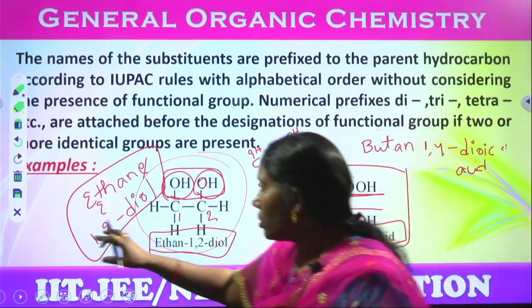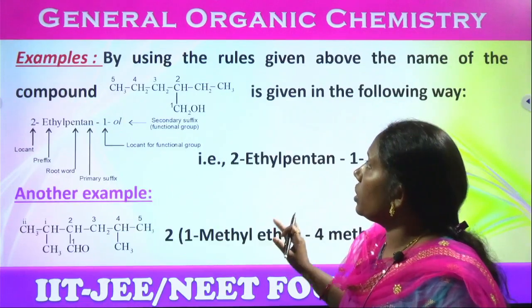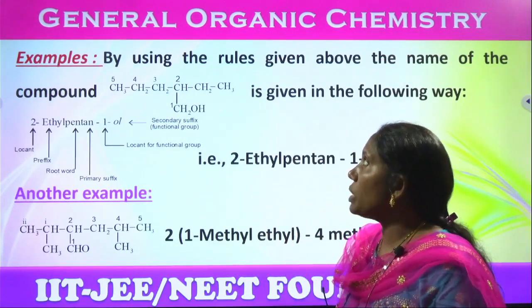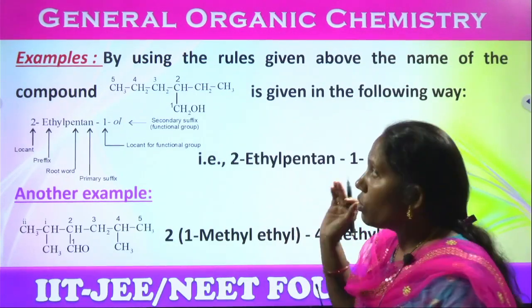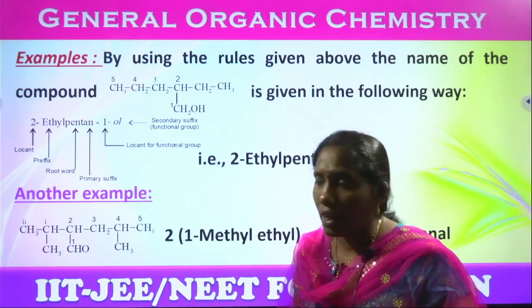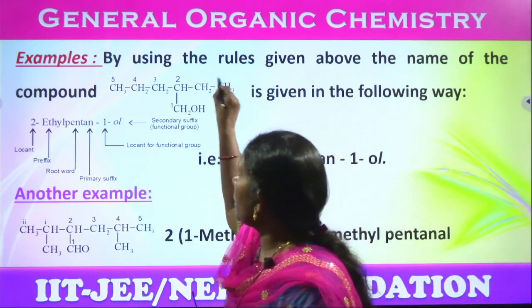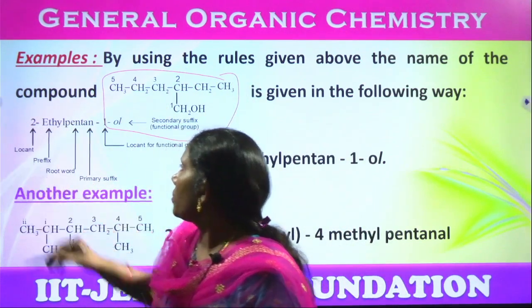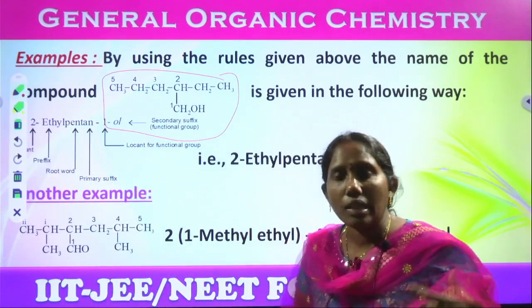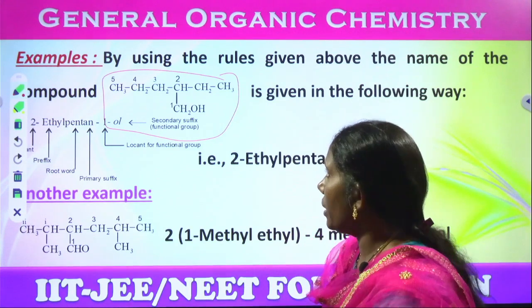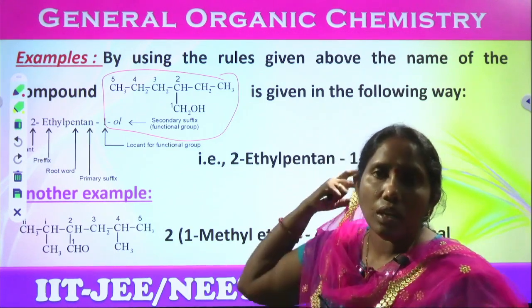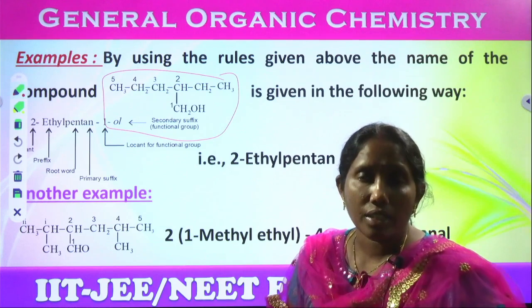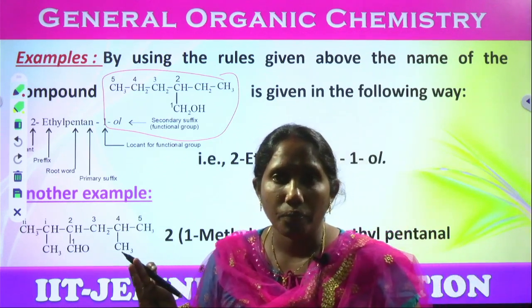Right? Okay. Now come to the next one. Some examples are given by following the rules which we have studied earlier. So let us see here. This is one of the examples. Either all we have covered or not, just seeing here, what is the compound name writing structure? Prefix, right?